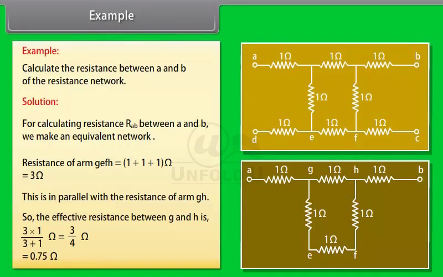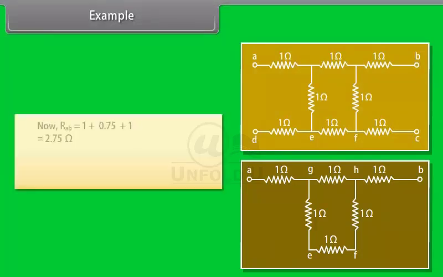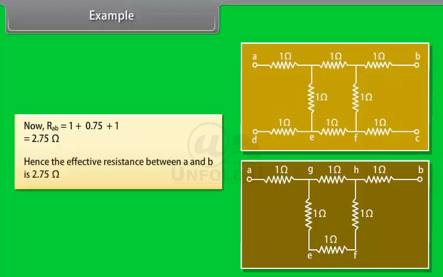So, the effective resistance between G and H is equal to 0.75 ohm. Now, RAB is equal to 1 + 0.75 + 1 = 2.75 ohm. Hence, the effective resistance between A and B is 2.75 ohm.